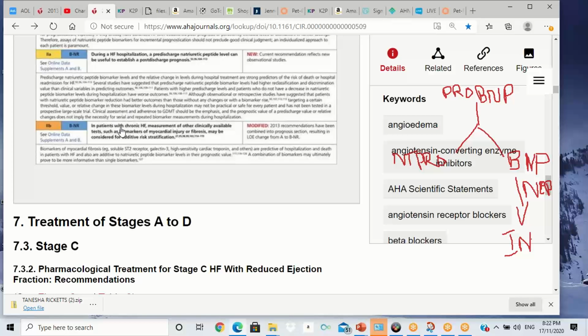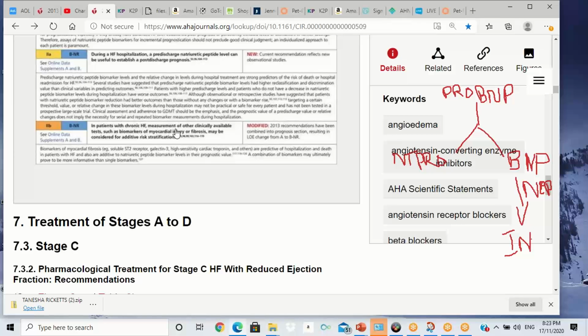And in patients with chronic heart failure, the measurement of other clinically available tests, such as biomarkers of myocardial injury or fibrosis, we spoke about troponin I and troponin T and galectin-3 and the ST2, you can look at those other biomarkers to consider for additive risk stratification.